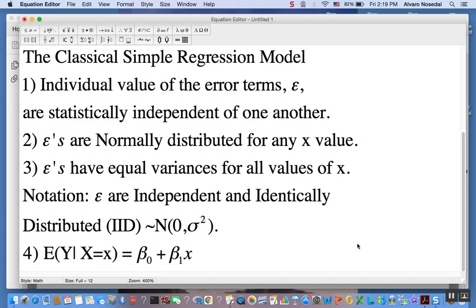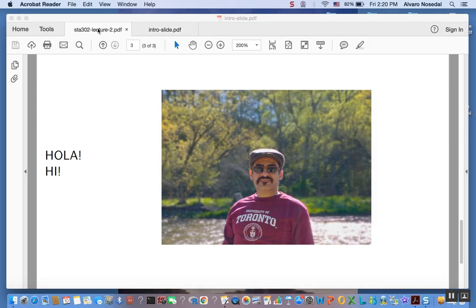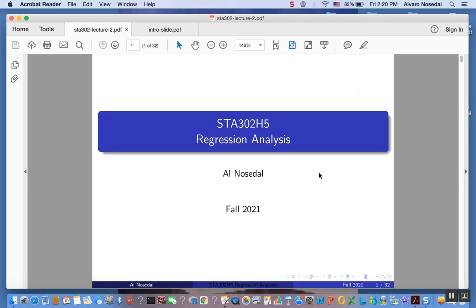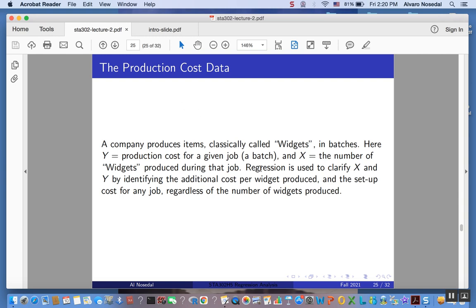I have those lecture notes here, that PowerPoint. And let's go to slide 25.